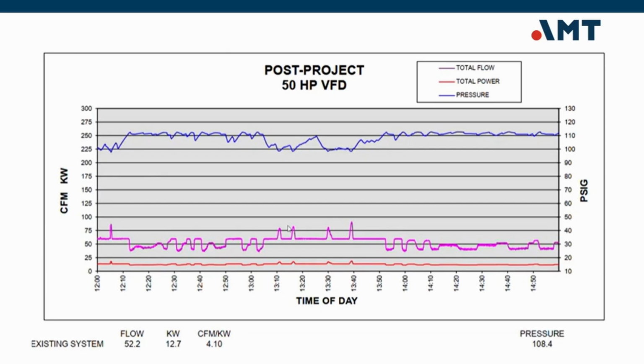Now it's important to clarify something. A VFD does not automatically solve every compressed air problem. If leaks remain large, if pressure is set too high, or if the compressor is oversized, inefficiencies can still exist. The real takeaway is this. When equipment size and control strategy are properly matched to actual system demand, energy consumption can drop dramatically while reliability improves.